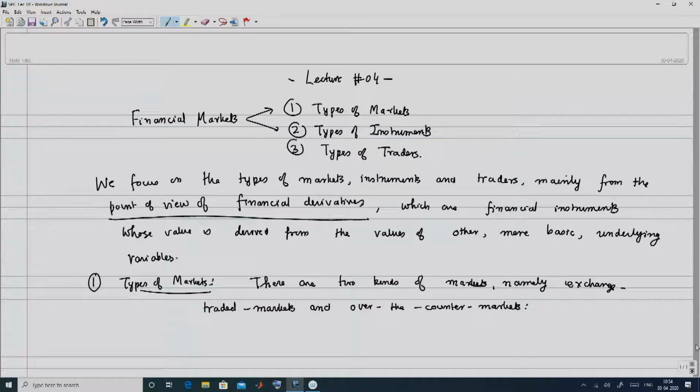So, let us first talk about what is an exchange traded market. Remember that our discussion is in the context of derivatives.